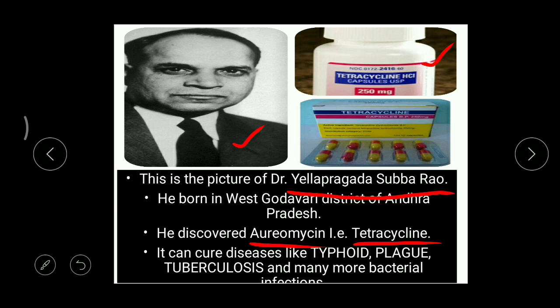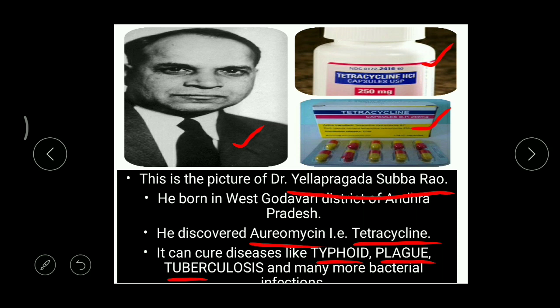Here you can find it, in the form of capsules. Aureomycin or tetracycline can especially be used to control different types of bacterial infections, such as typhoid, plague, and even TB, that is tuberculosis, and also several other bacterial infections.